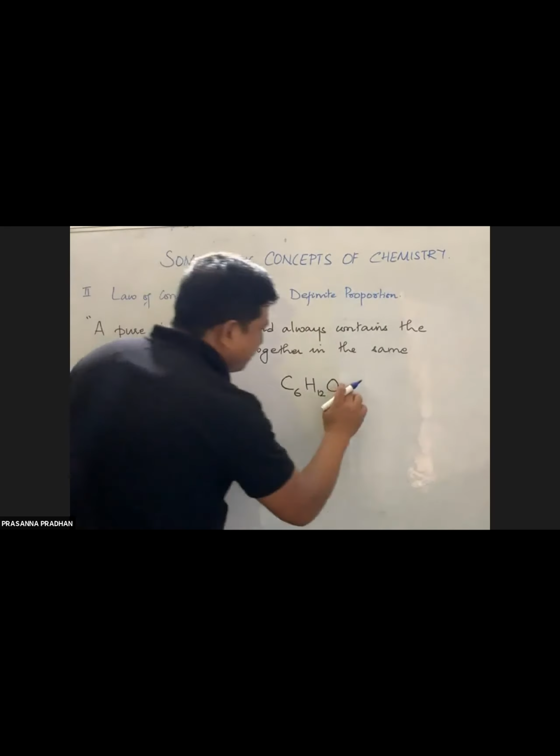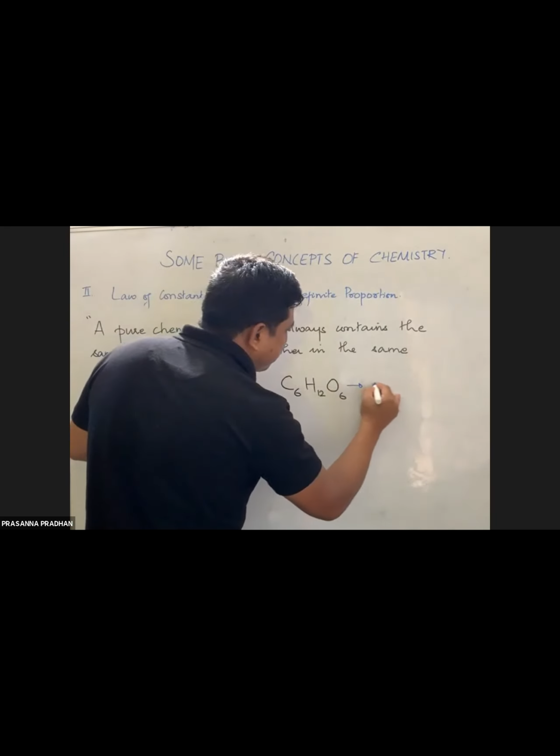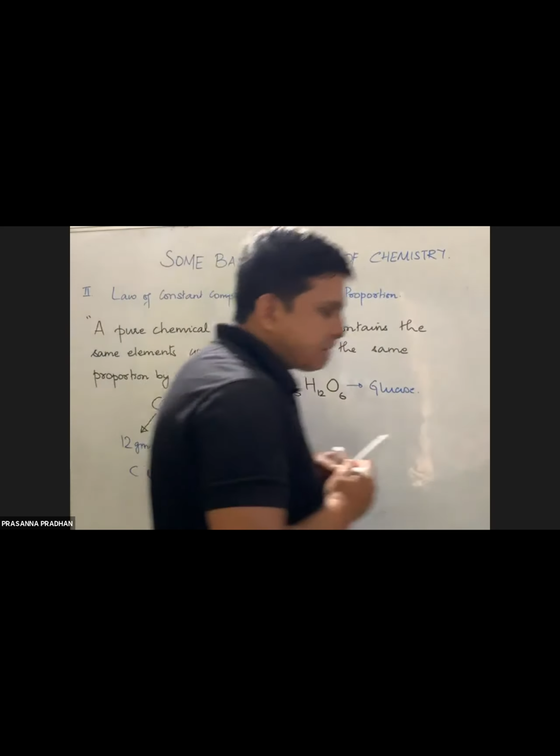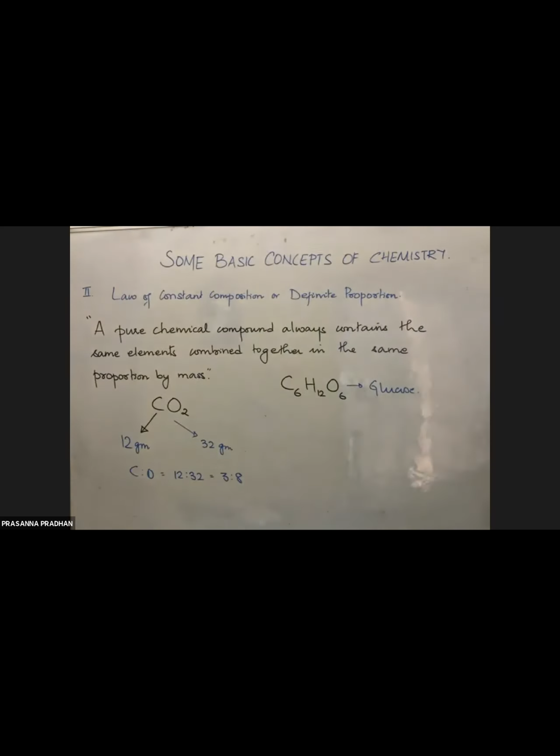I think it's present naturally in our body. Yes, it's present inside living cells, and it can also be synthesized artificially. But whatever may be the source, whatever may be the method of preparation, a pure glucose molecule always contains the same elements. Right? What are the elements?